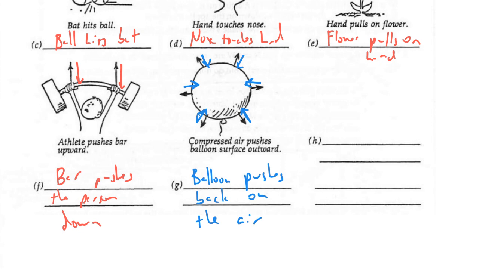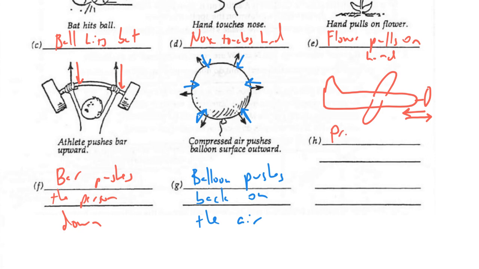Time to come up with your own example. Maybe I'll do something like an airplane. So let's do my best to draw an airplane here. All right, the airplane is going to have a propeller. And that propeller is going to blow air backwards. And then the reaction force is that the air pushes the plane forwards.